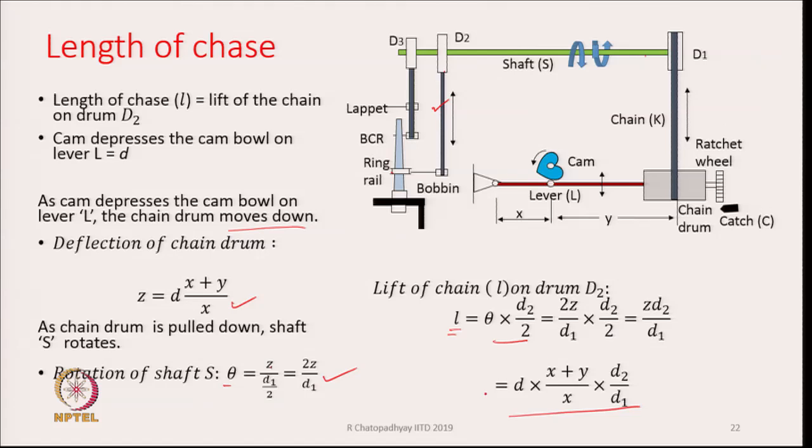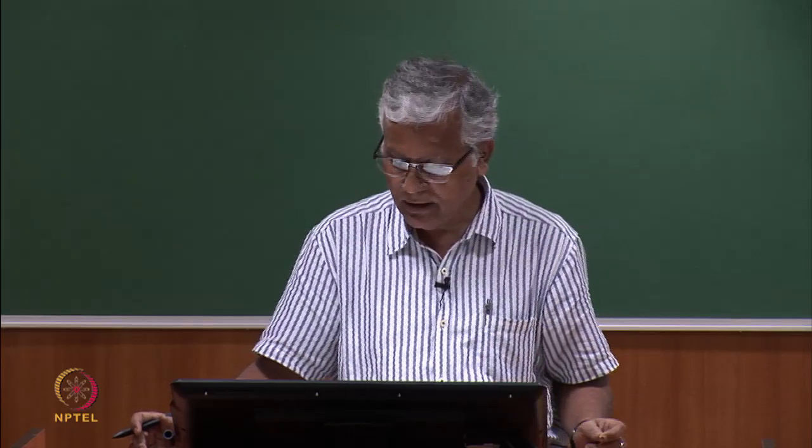So, if we know all these values, we can find out how much the chase length L is going to be, and if we want to adjust this chase length, we know which parameters are important. Sometimes we may need to adjust chase length by, suppose, 5 millimeters more or 5 millimeters less. The question that comes to mind is which parameter of this mechanism is going to change.